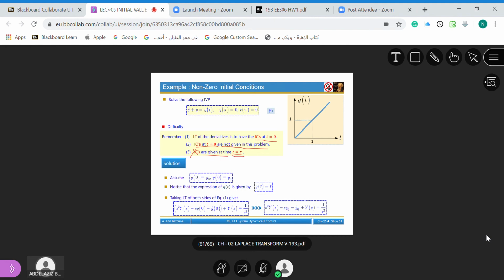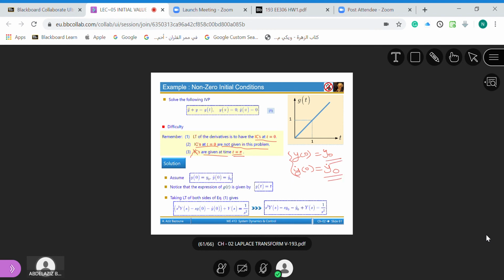We cannot solve it directly. We will assume that y0 is equal to y0 and y dot 0 is equal to y dot 0, and then we solve the problem as if those are given.